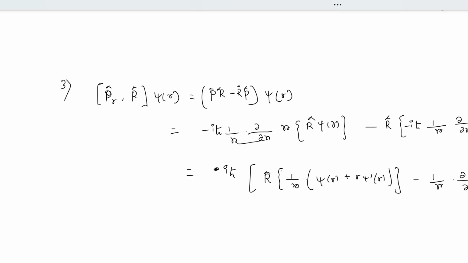When the position operator operates on psi(r), you will be getting the position times the state back, right?